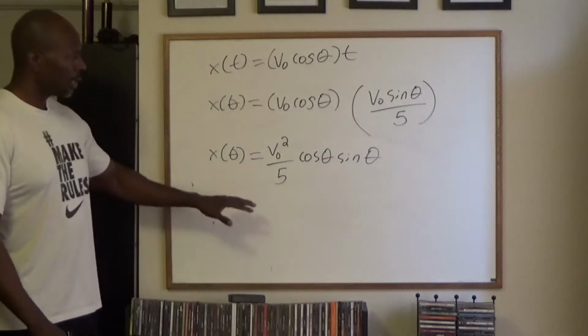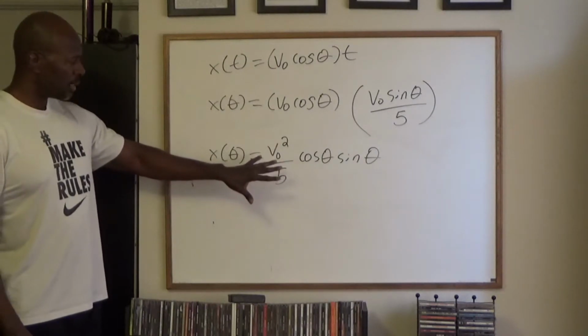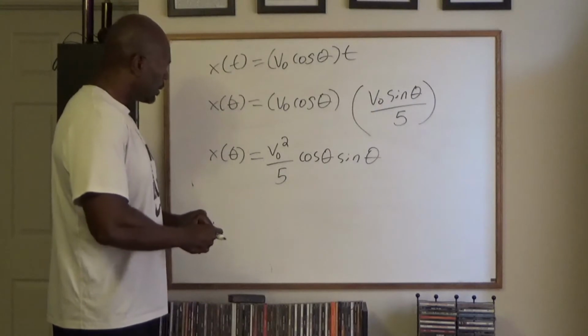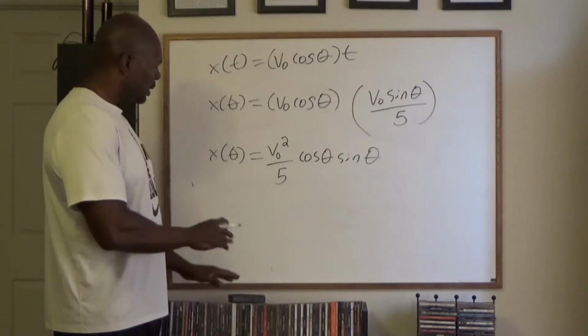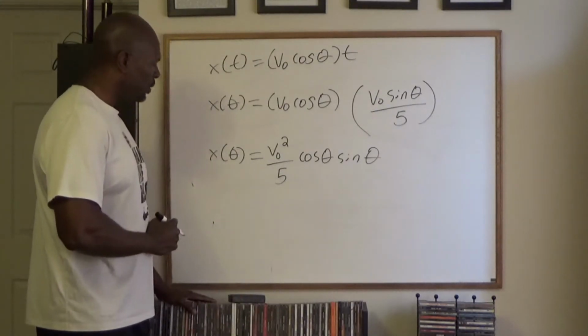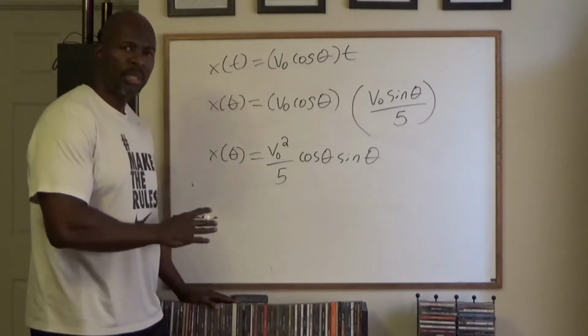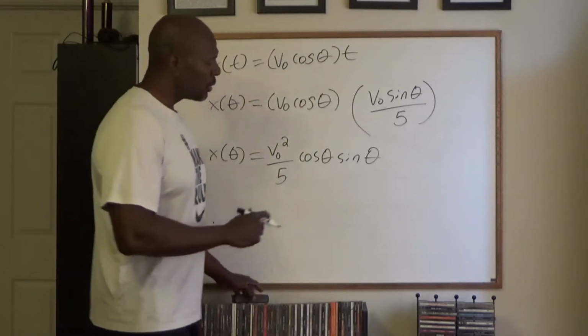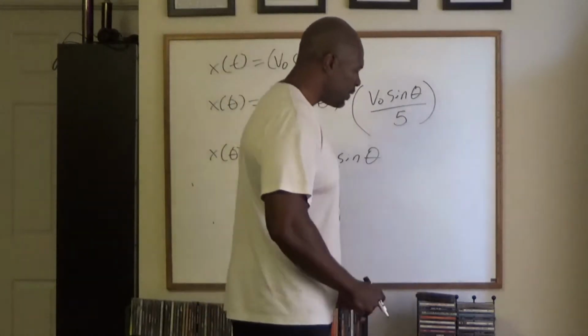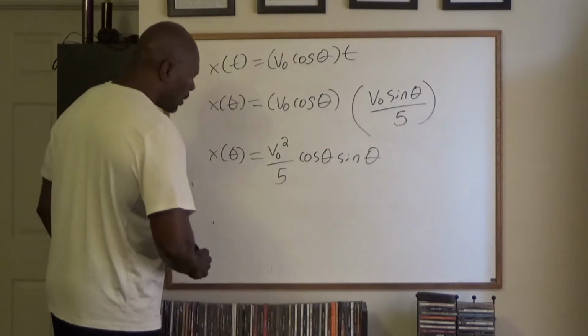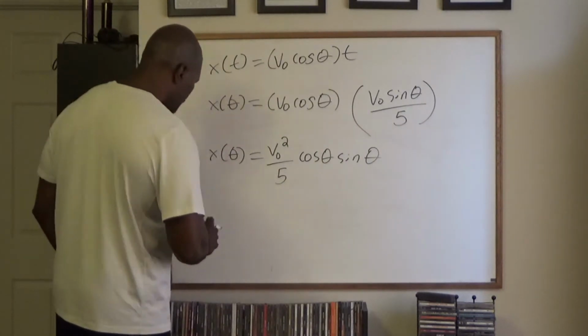All right. This is what I want to maximize. So, to optimize a function, we find its critical points and the endpoints of its implied domain. So let's talk about the implied domain of this particular scenario. I want to throw the ball at an angle.